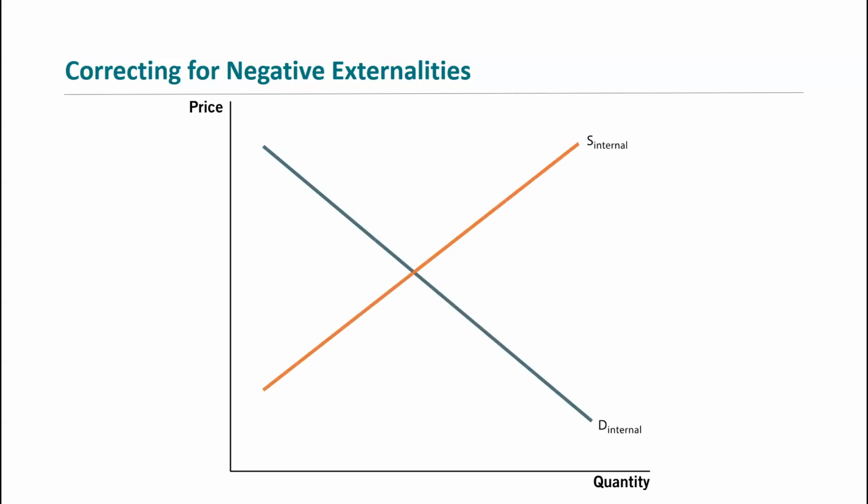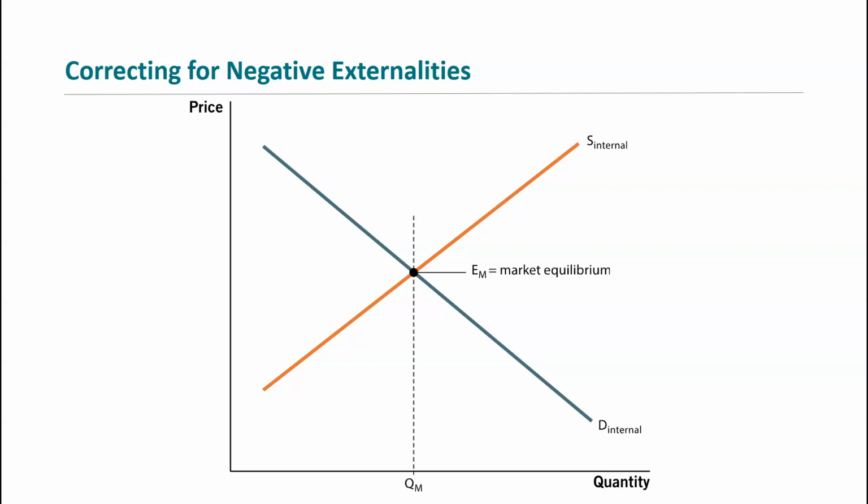So remember that a negative externality occurs when there is a cost to a third party associated with a particular market activity. And so when there is that cost, it means that your internal cost of production is lower than the actual cost, the social cost of production of whatever good or service.